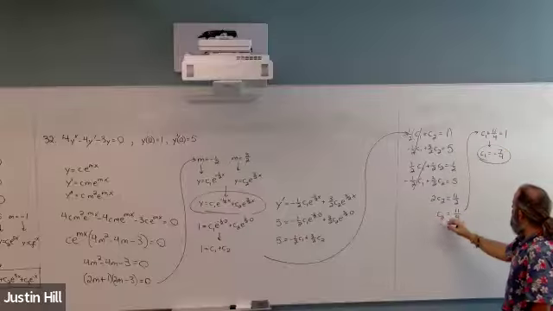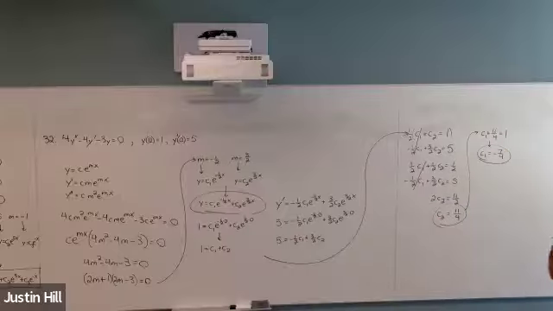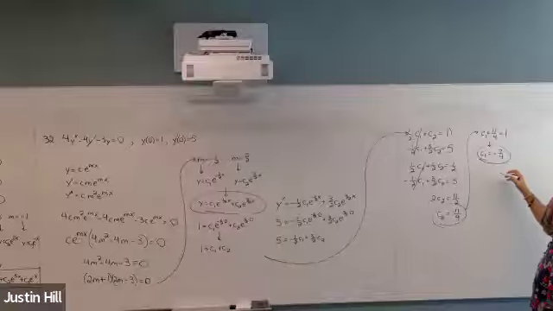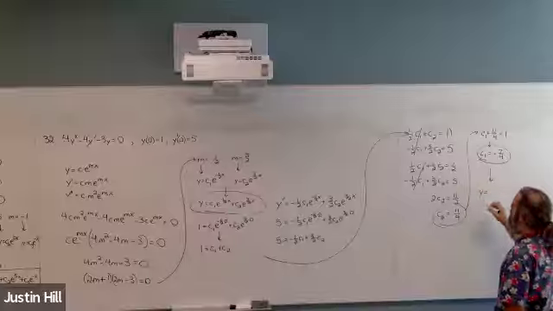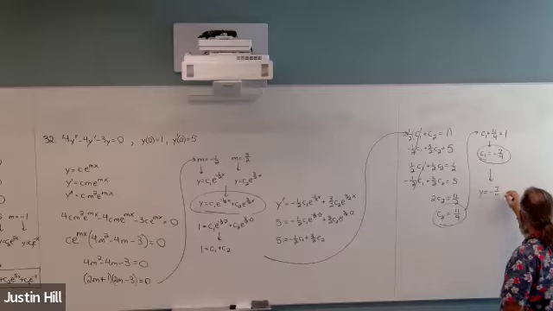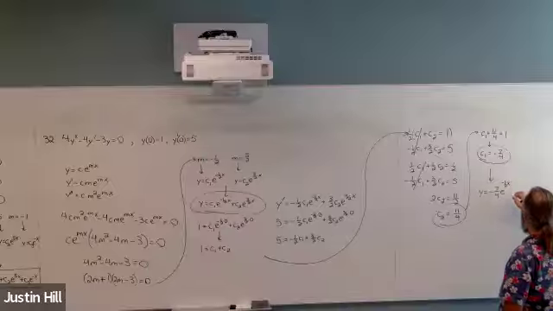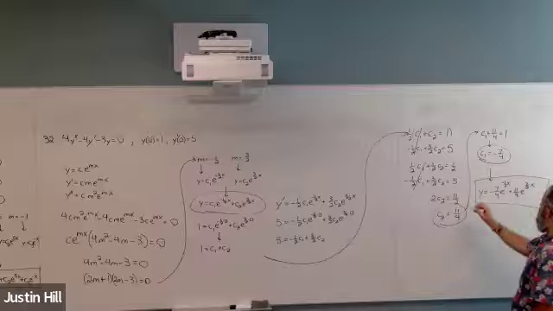Plug these back into my general solution, and I have my exact solution for those initial conditions. So my exact solution is y equals -7/4 e to the -1/2 x plus 11/4 e to the 3/2 x. And you've got it.